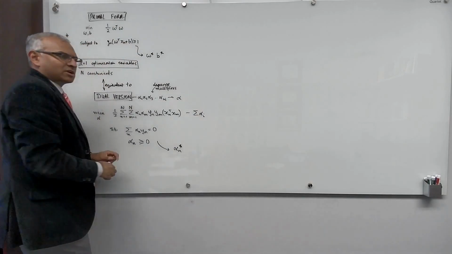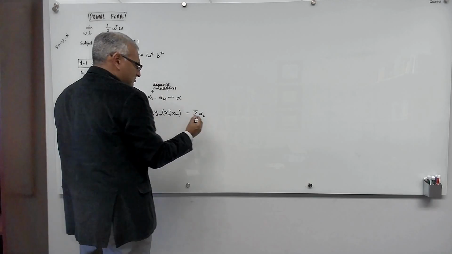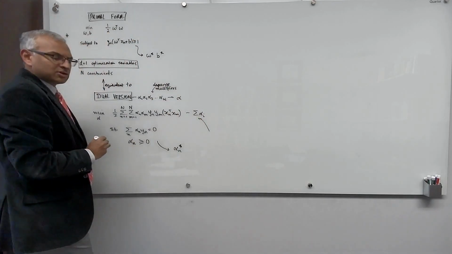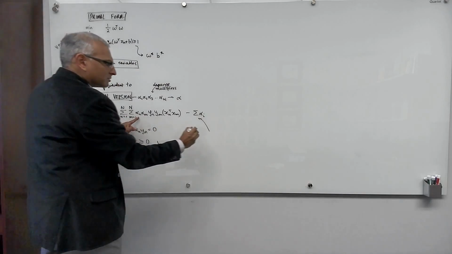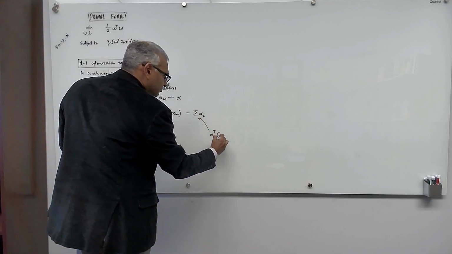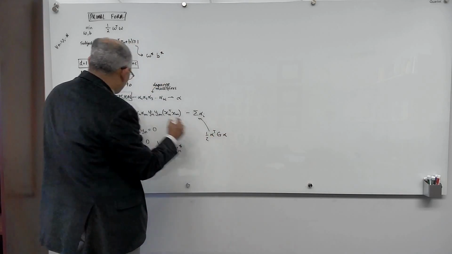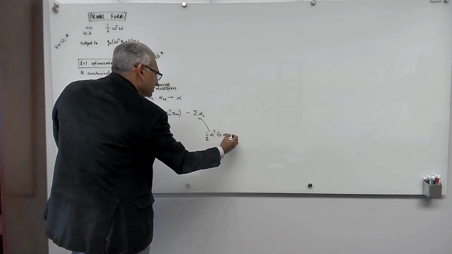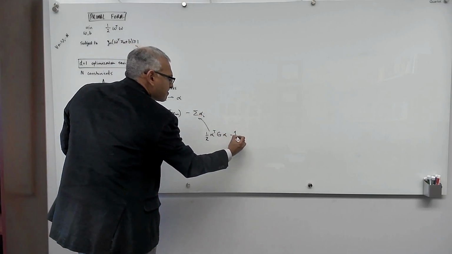And this, it turns out, is a quadratic program. So we can write this in matrix form as 1/2 alpha transpose times a matrix G times alpha, minus 1 transpose alpha.